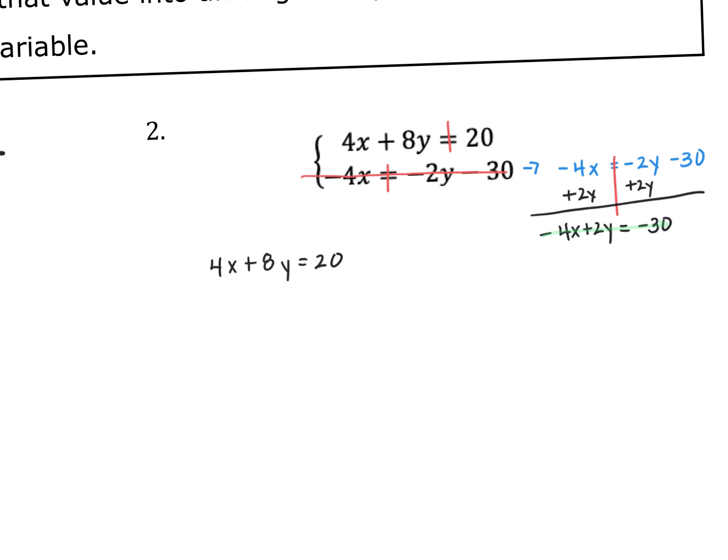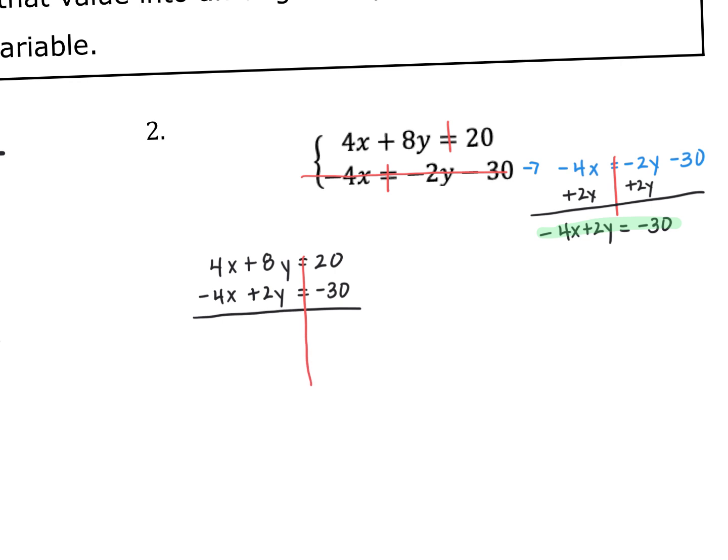Oops. This one right here. So we're going to put that right below. So I have -4x plus 2y equals -30. Okay, I'm going to get my equals bar in there. And then I'm going to get my left side and my right side.